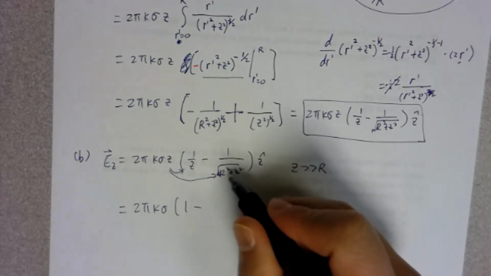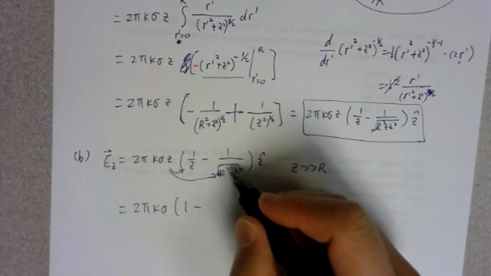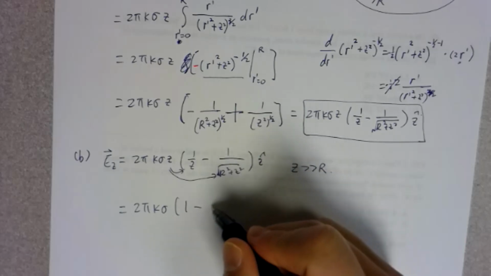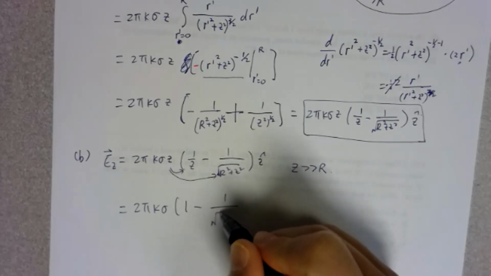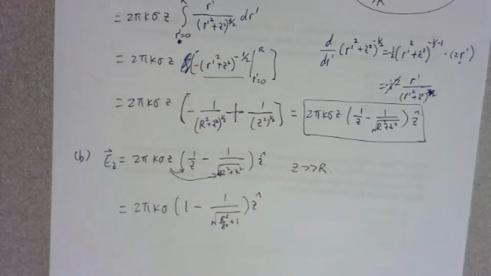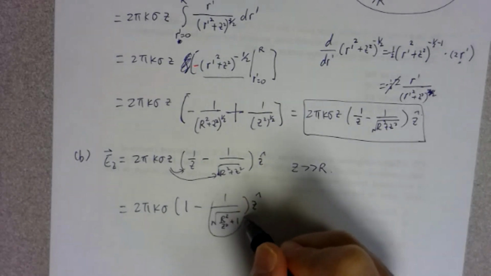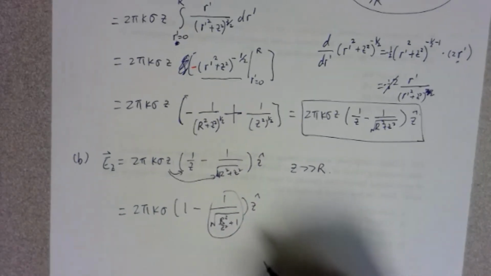So that means there's z on top, but you divide both numerator and denominator by z. So then on top it becomes still 1. But at the bottom here, you should have r squared over z squared plus 1. Okay, that's in the z direction. All right, so we need to expand this guy, basically, and just keep the first order.